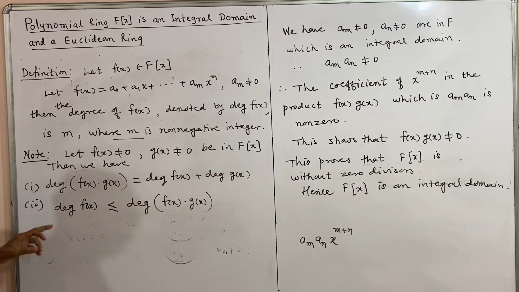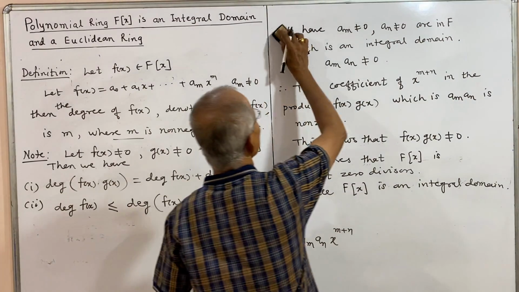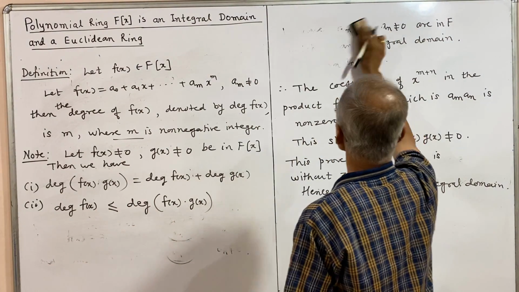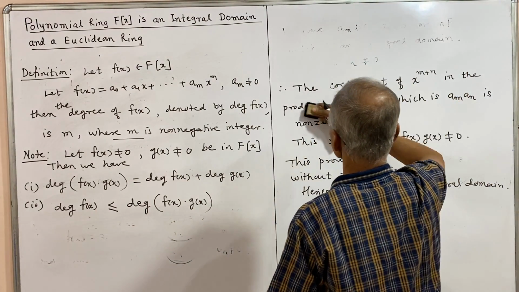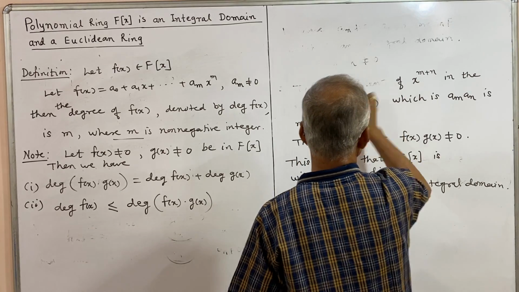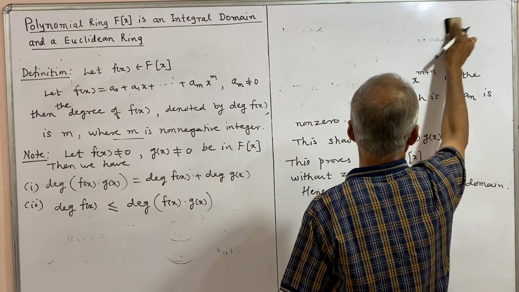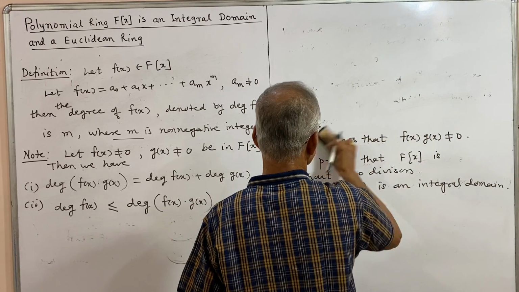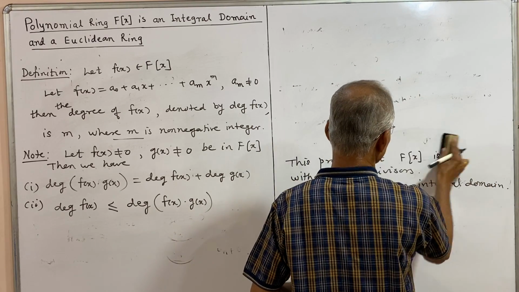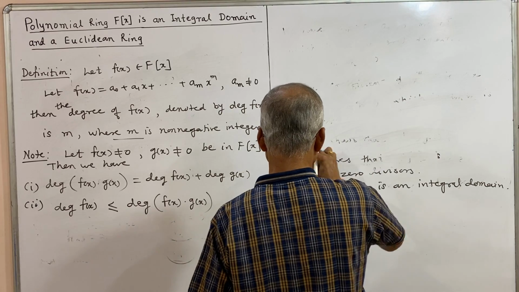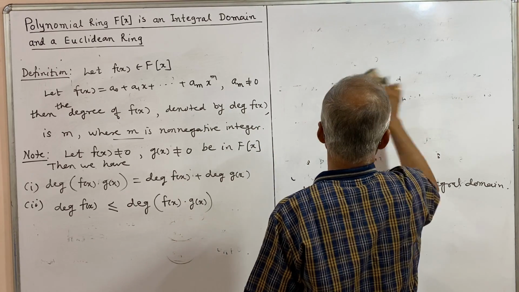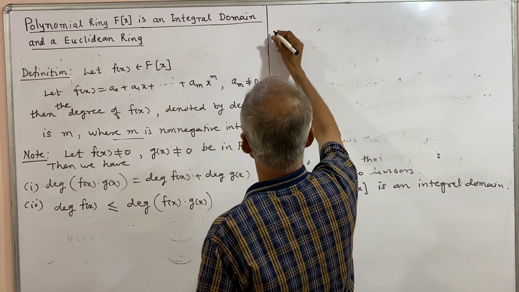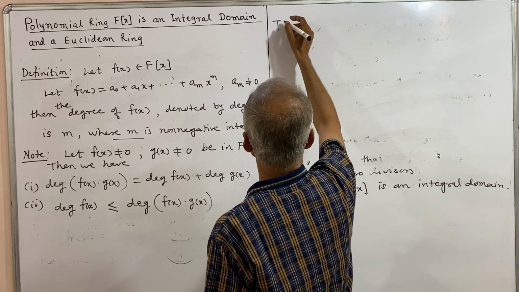So these are the two results, and now we shall prove the second result, that F[x] is a Euclidean ring. That is our second result, and we state this as a theorem.